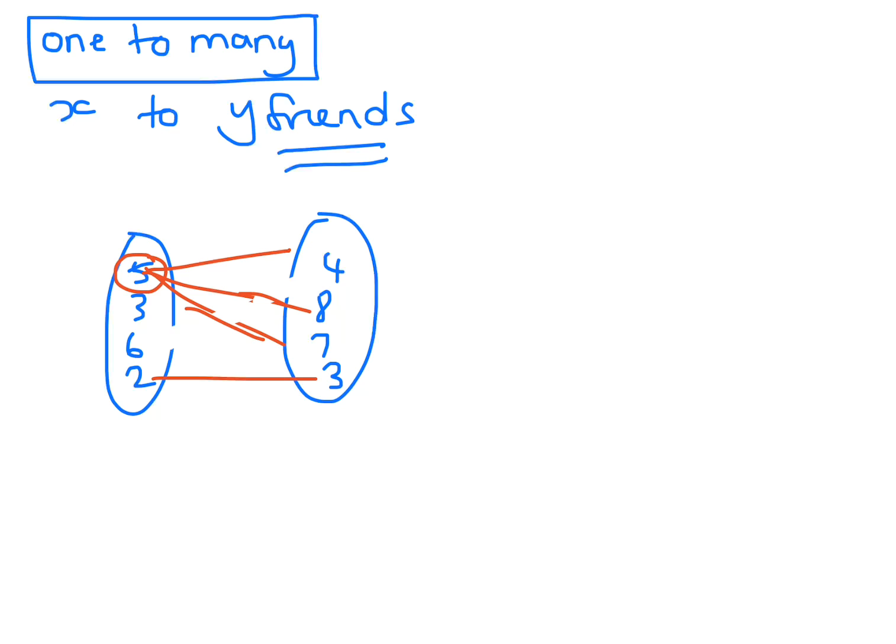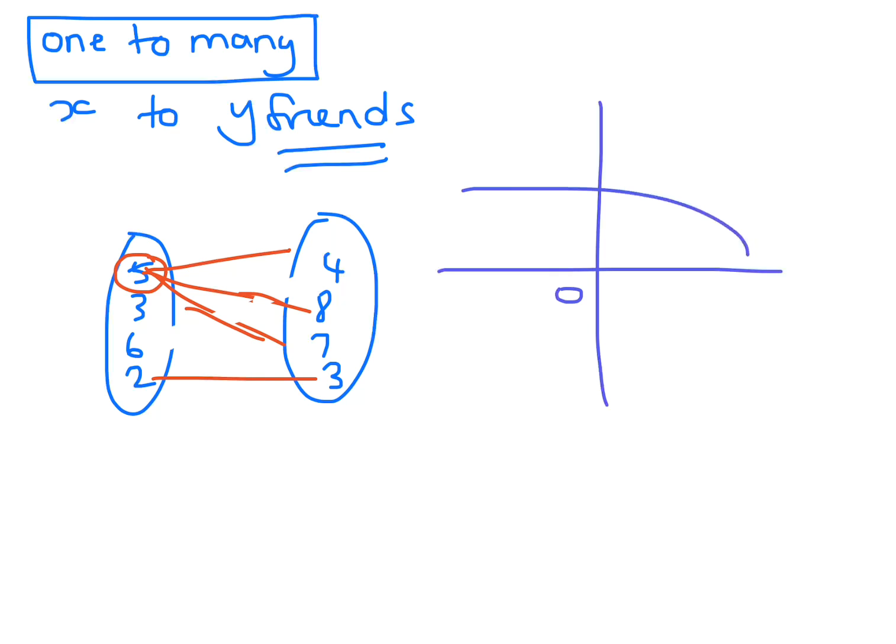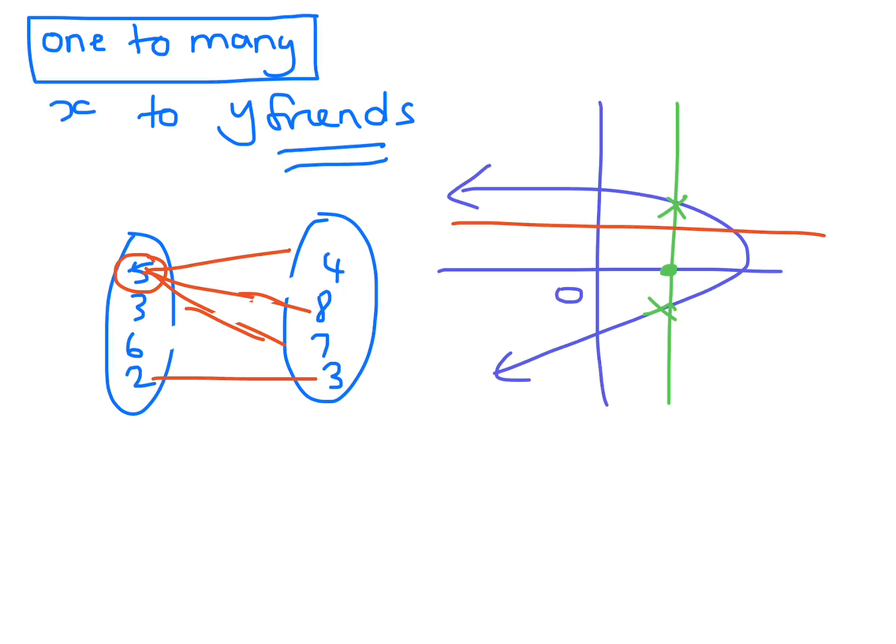If you have it in a diagram and you're trying to work this out, it's something like what's on the side here. If you do the vertical line test first of all, and just have a look, that means that one X has many friends, see? If you did it the other way, that's not what's happening. That's one Y. Does it have many X friends?